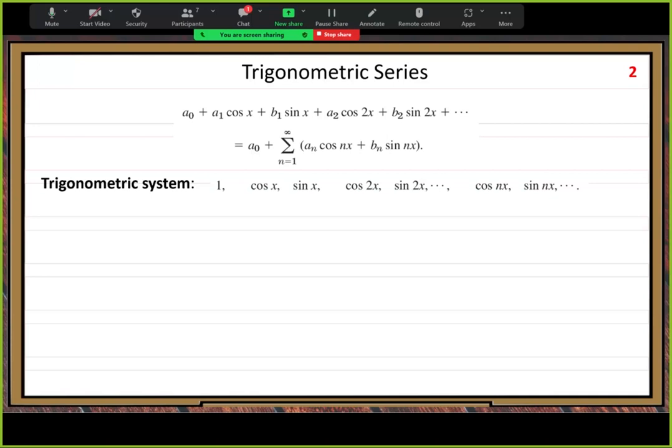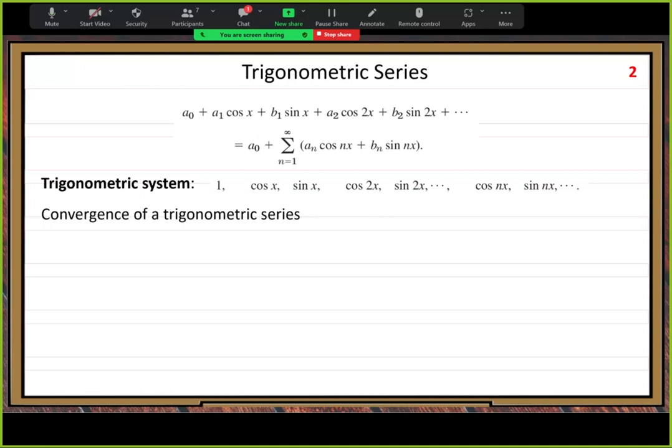You just know this system forms a basis. Basis means you can represent everything in that function space. But that function space, you do not know, so I do not talk about that too much.